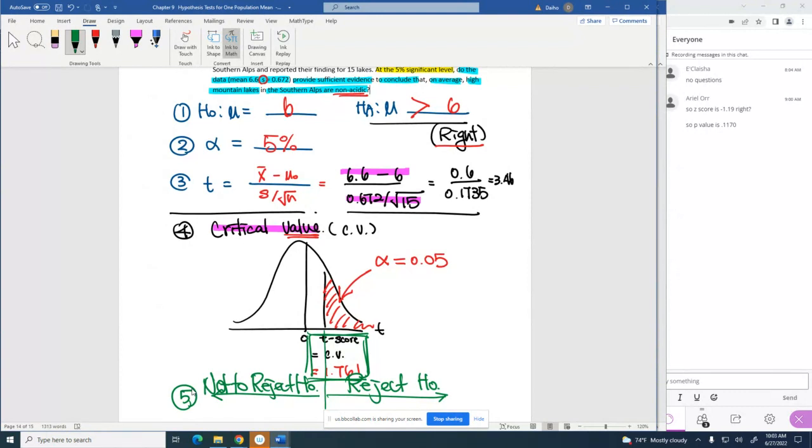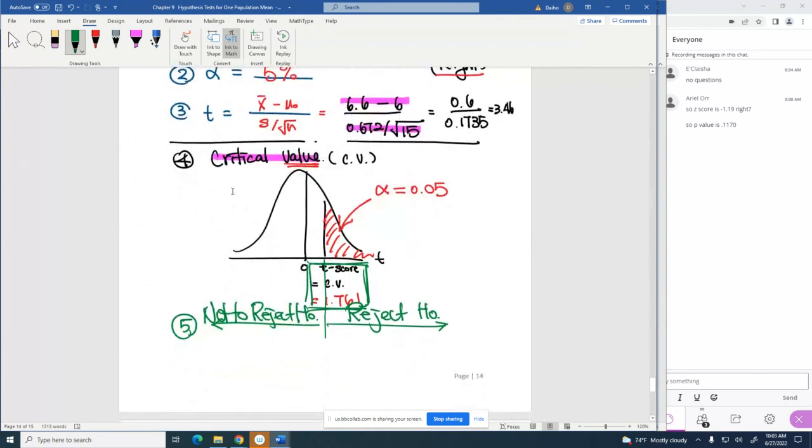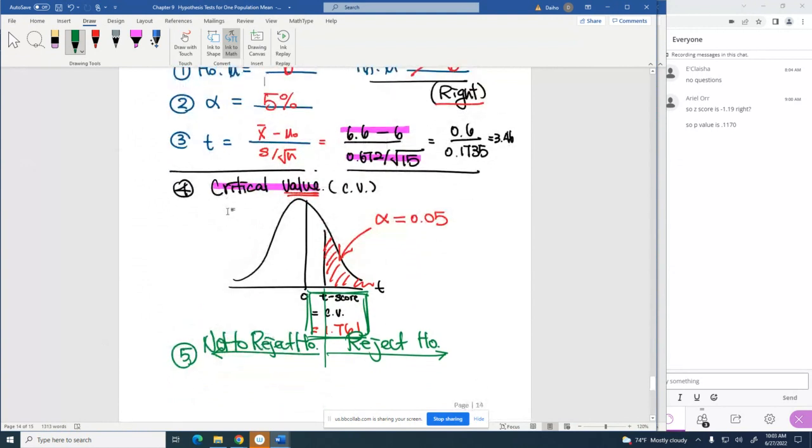How much was the test statistic in step 3? In step 3, we got another t-score, right? The test statistic from step 3. How much was it? 3.46.